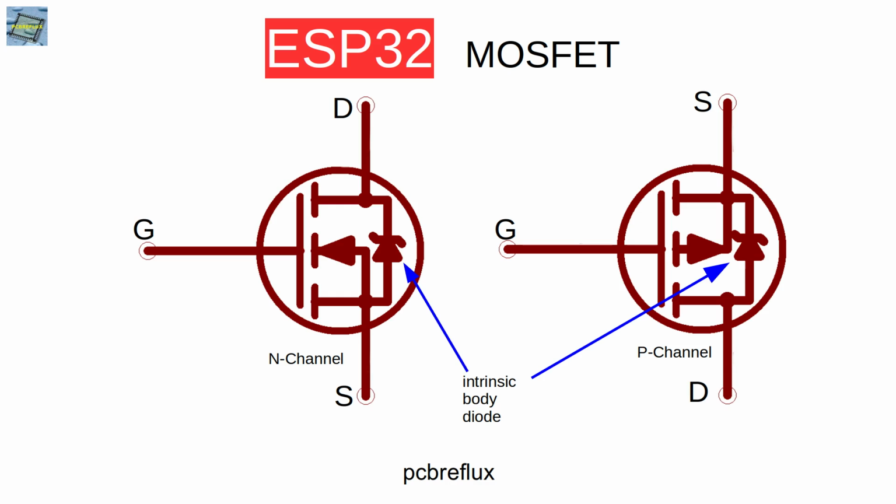If you do it in the reverse direction, the current flows directly through the intrinsic body diode, so the current flows even if we don't apply any gate threshold voltage, and this is not useful if we use the P-channel MOSFET as a switch.